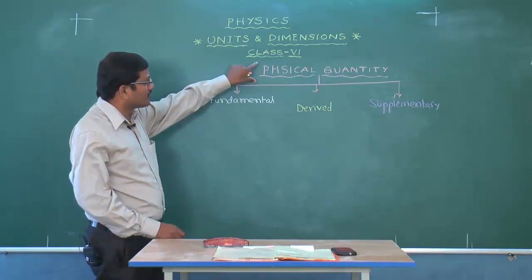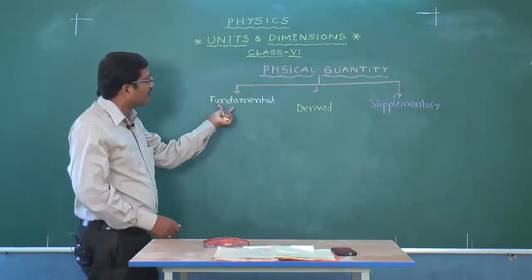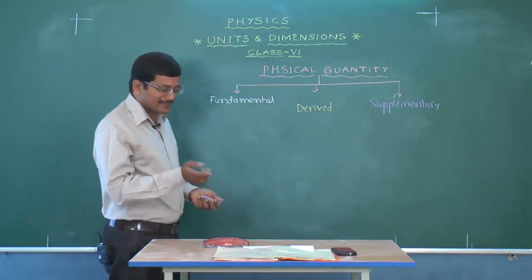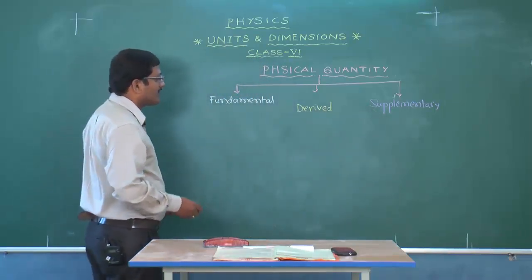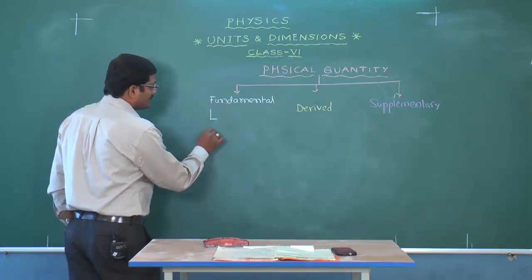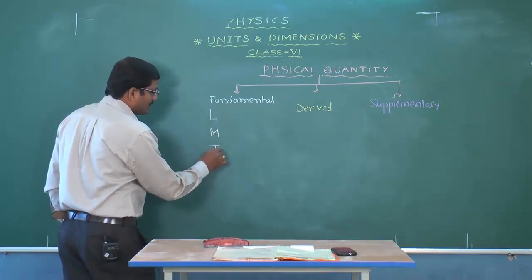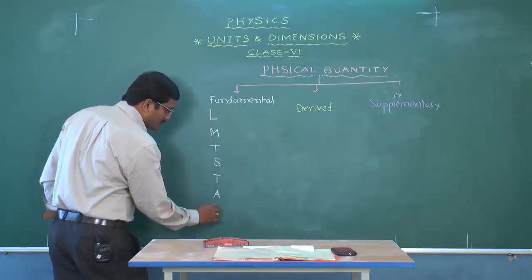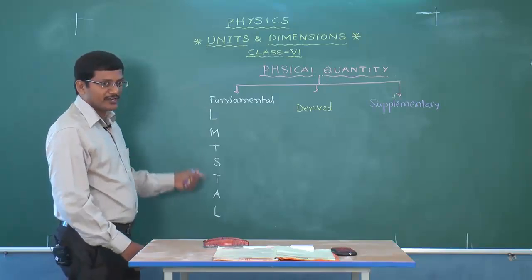So this is the organization of physical quantities: fundamental physical quantities, derived physical quantities, and supplementary physical quantities. As we learned earlier, these fundamental physical quantities are length, mass, time, strength of electric current, thermodynamic temperature, amount of substance, and luminous intensity, for your recalling purpose.